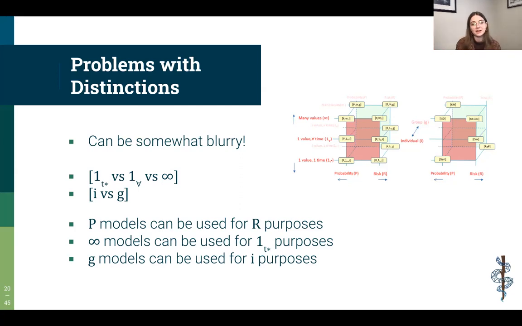And beyond that, these group models can be used for individual purposes. If you have a survival curve generated for a group, you take an individual from that group and assign them whatever value would have been predicted for that group because they have membership to that group.